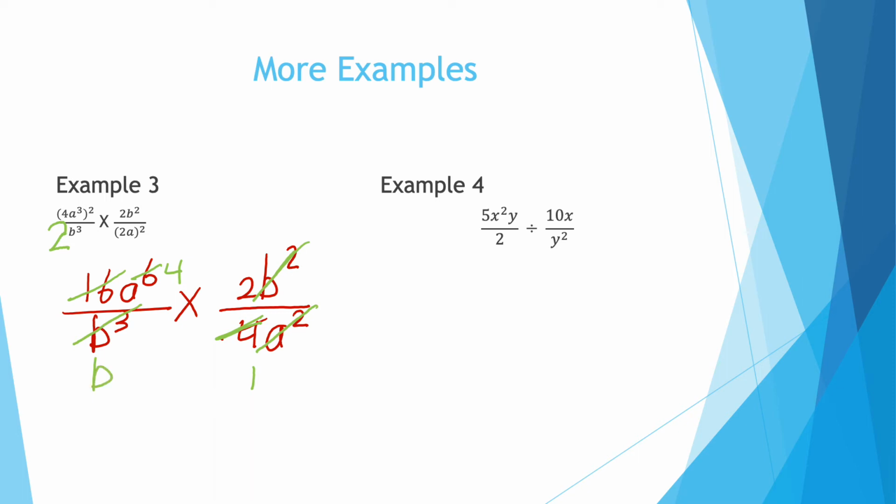You can think of the cancelling out this way as well. So a squared means 2 a's, and a to the power of 6 means 6 a's. So these 2 a's go with those 2 a's, and left is a to the power of 4 here. And it's the same here, those 2 b's and this is 3 b's.